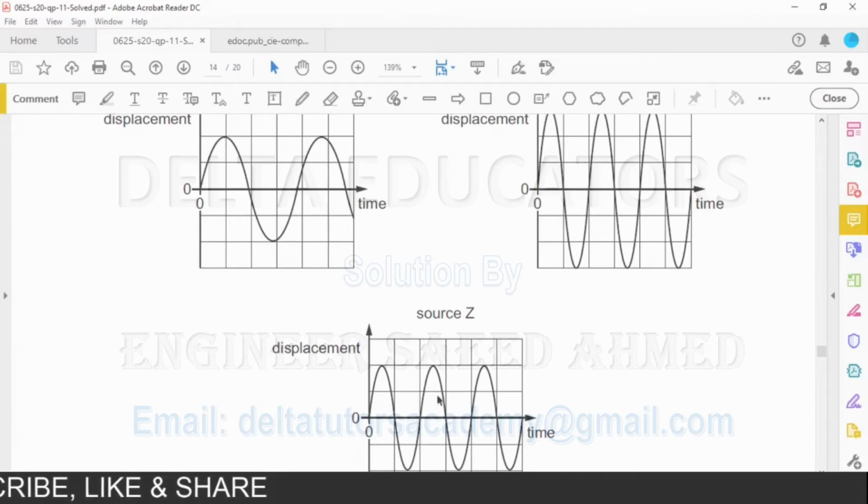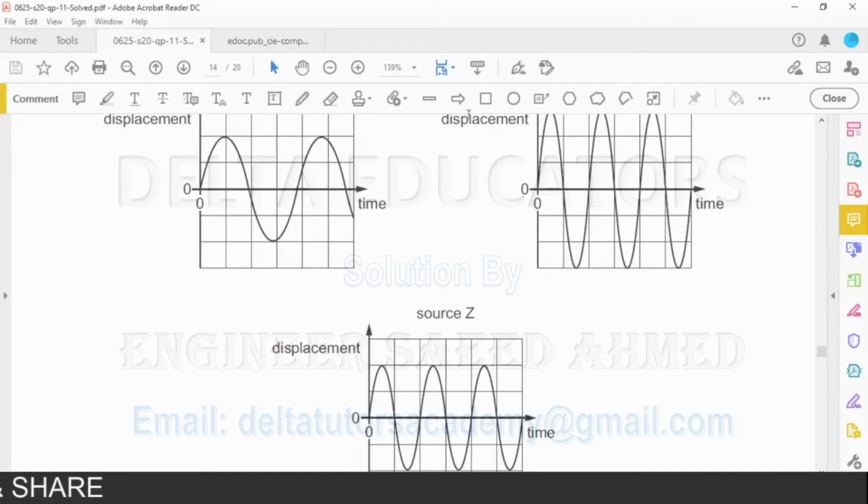So wavelength in Y and Z are same and X is different. Now wavelength and frequency are reciprocal to each other. With the increase in wavelength, frequency decreases, or with the decrease in wavelength, frequency increases.